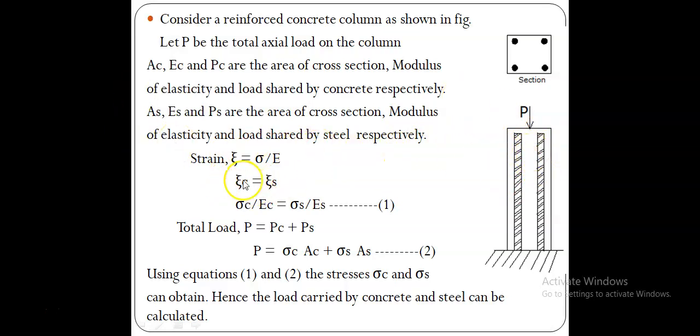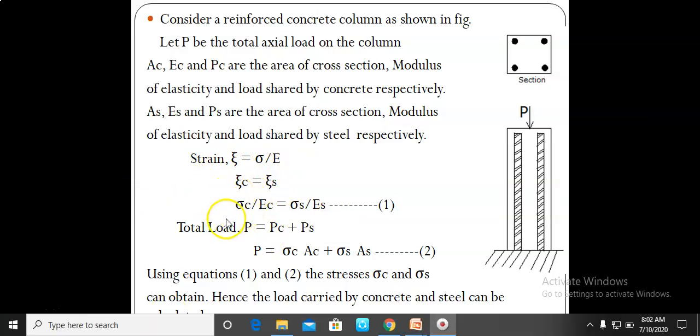And then strain in this composite member, epsilon is equal to sigma by E. Here, as per the assumptions of composite section, we know that epsilon C is equal to epsilon S, that is strain in concrete is equal to strain in steel, which is equal to total strain.